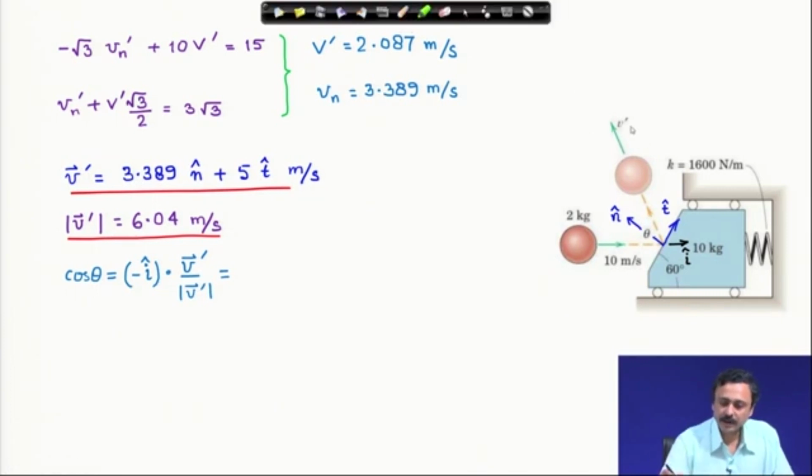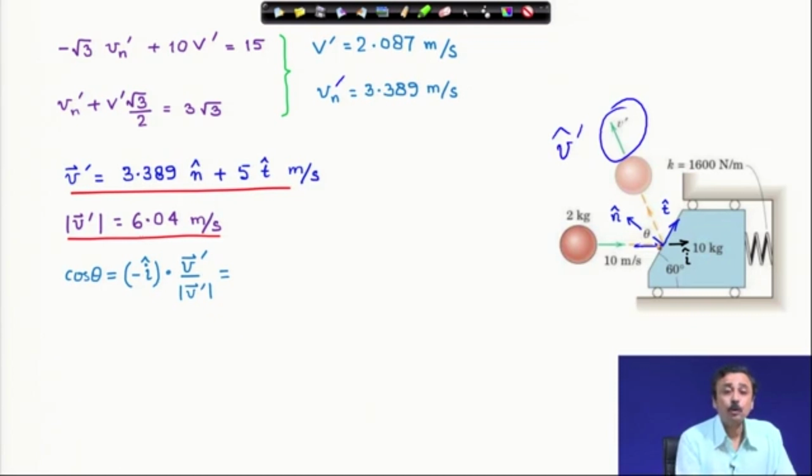V prime vector divided by magnitude of V prime vector is the unit vector. So, V prime cap dot minus I cap; this is I cap direction, so minus I cap will be in the opposite direction.